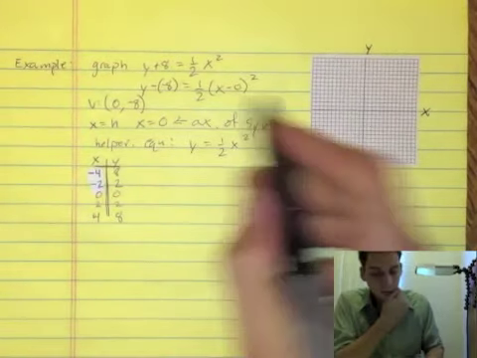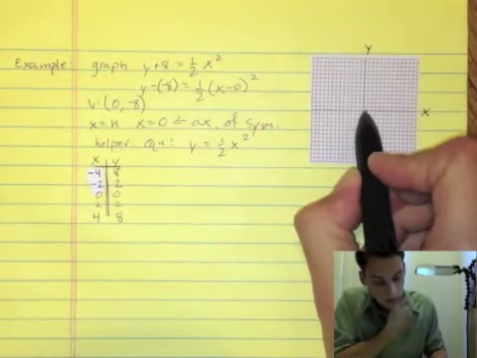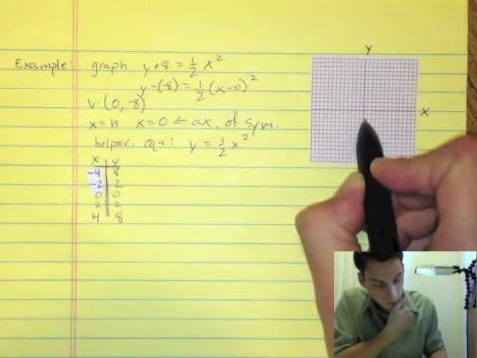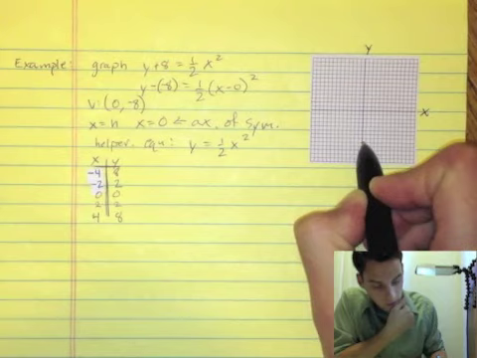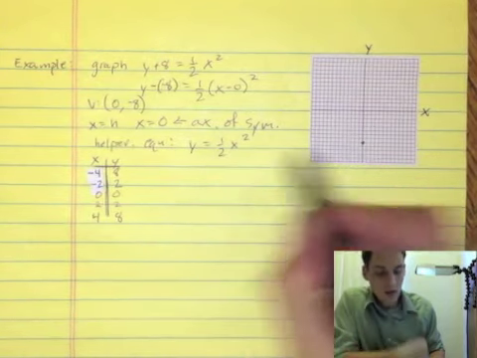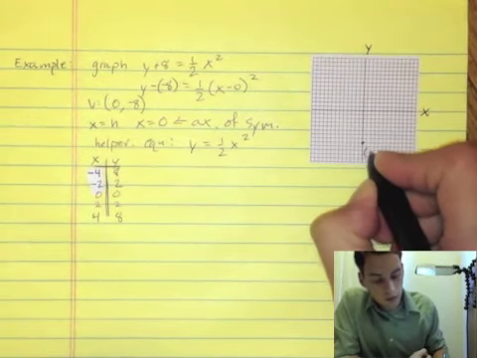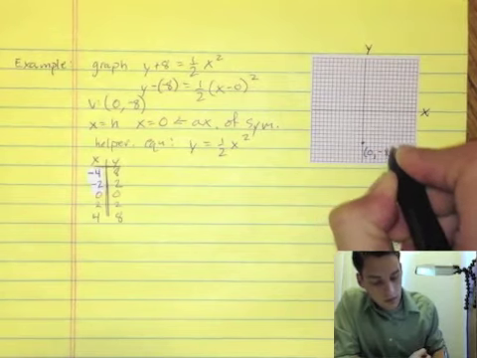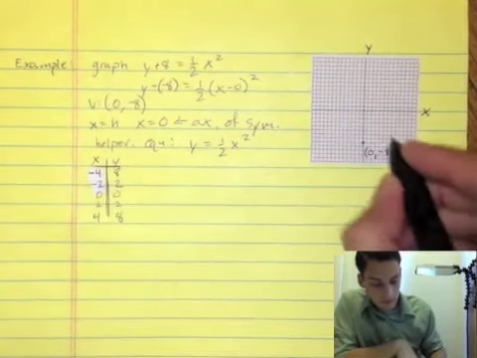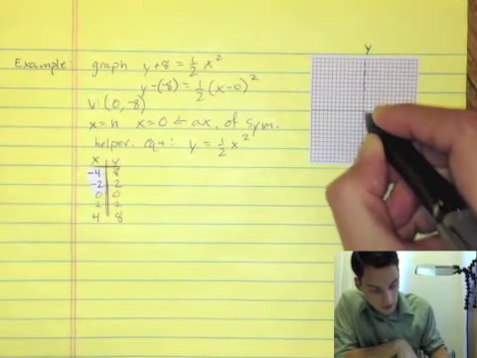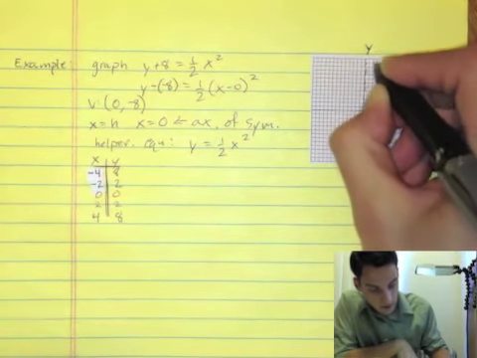Okay, my vertex is at 0, -8. 1, 2, 3, 4, 5, 6, 7, 8. A is positive, so it'll open upwards. So I'm going to label below 0, -8. And then my axis of symmetry is x equals 0.